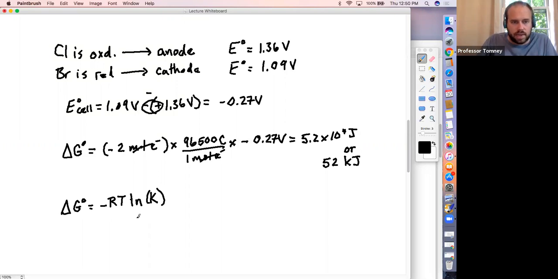So how do I get just K? I'm going to need to take the anti-natural log, which is the mathematical value e, and I need to raise it to the value that I'm solving for there. To put that into mathematical terms, when I rearrange this, K, the equilibrium constant, will be equal to e raised to negative delta G of the reaction over RT.